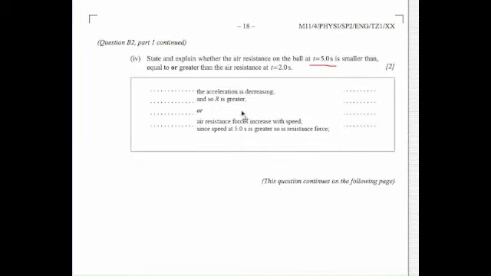So the mark scheme expects either one of those answers. First, that the acceleration is decreasing, which we can see from the graph, therefore the resistance is greater. Or in terms of the fact that it's going faster, so the resistance must be greater.